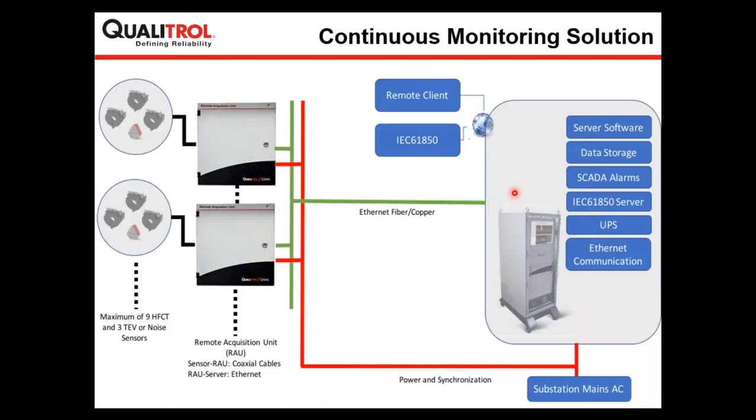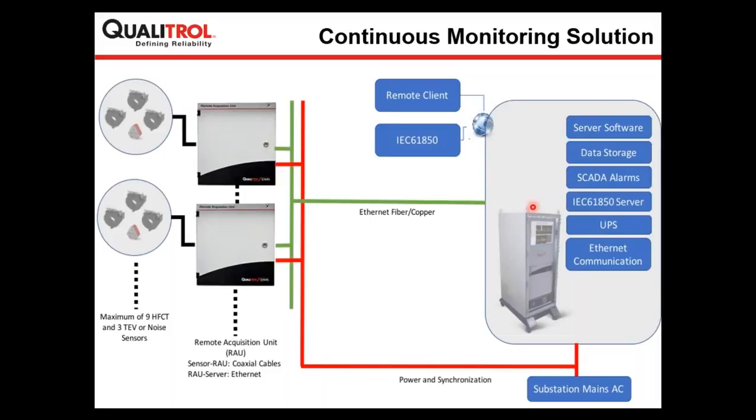You can access the central server using an IEC 61850 client, or you can use Collateral software, which is the remote client, and you can visualize different graphs and different partial discharge activities on all the RAUs which are connected or configured for the server.